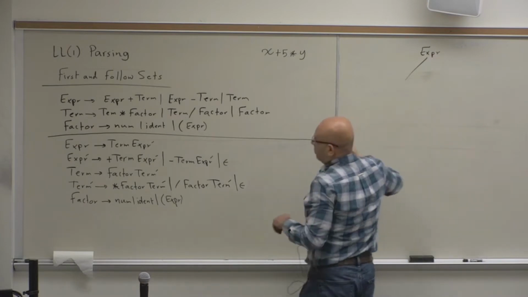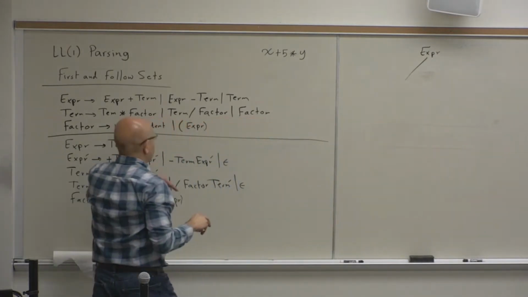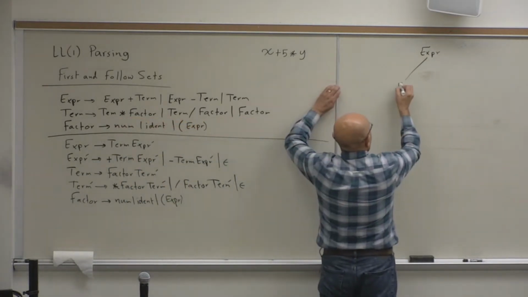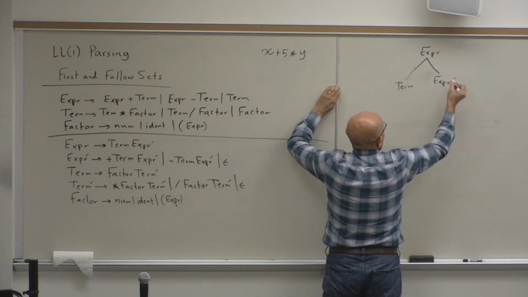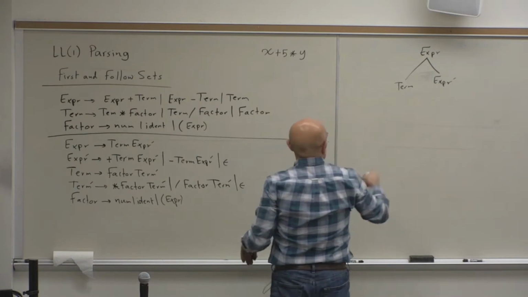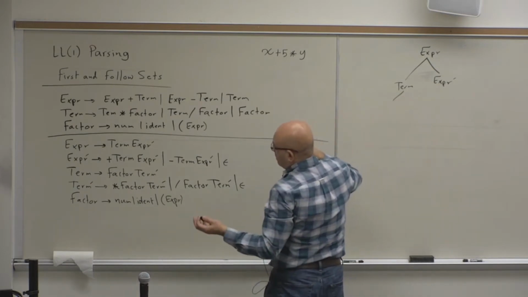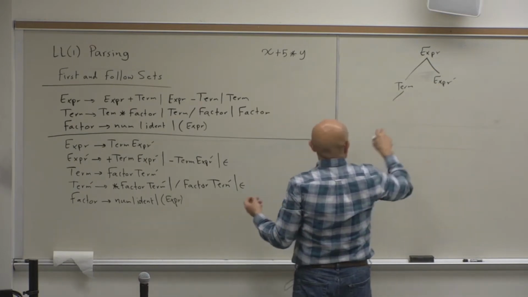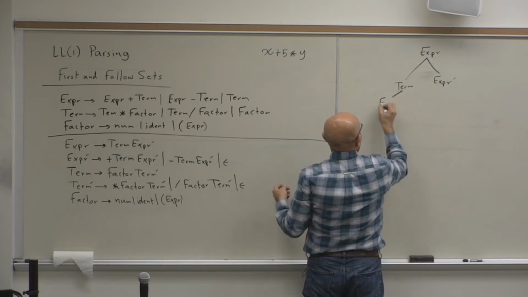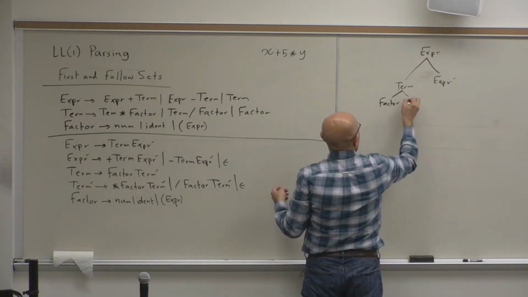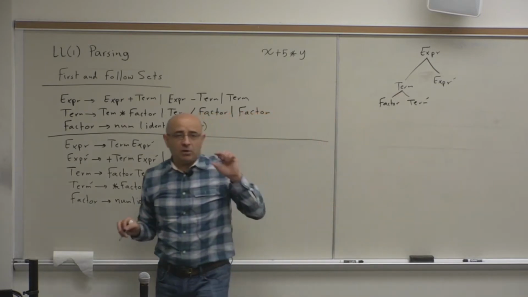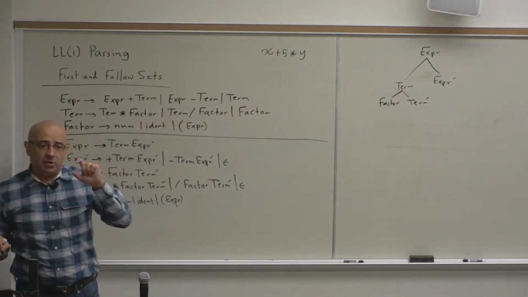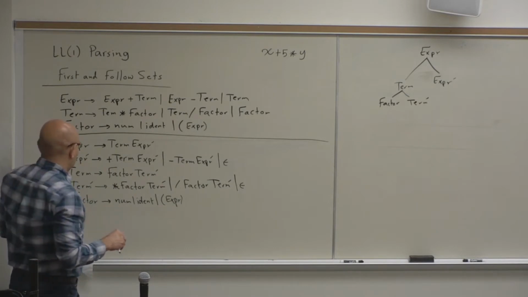And then for the expression, there is only one substitution, which is term expression prime. Then for term, there is only one substitution, which is factor term prime. So the key idea is that this works if there is only one valid alternative at each point.